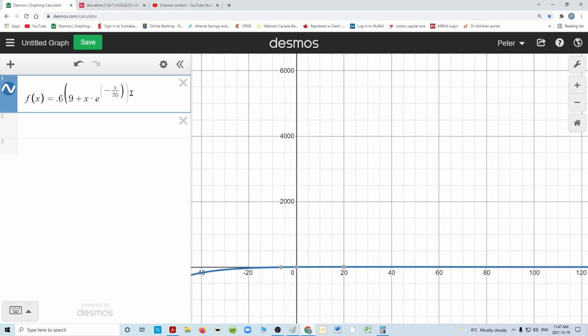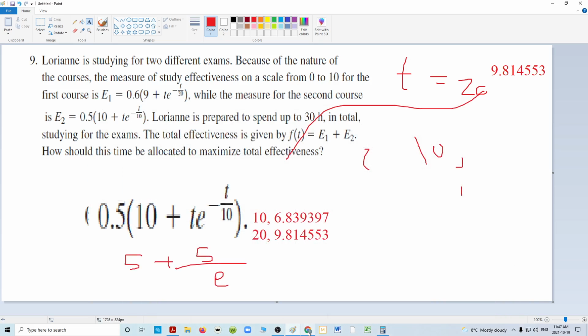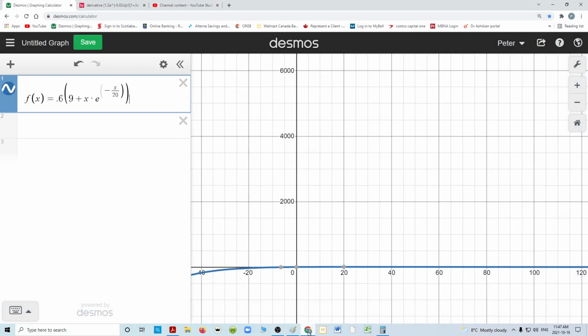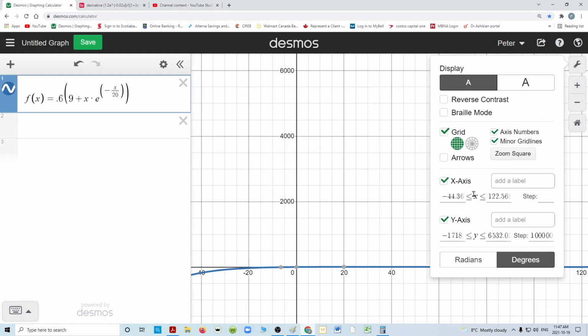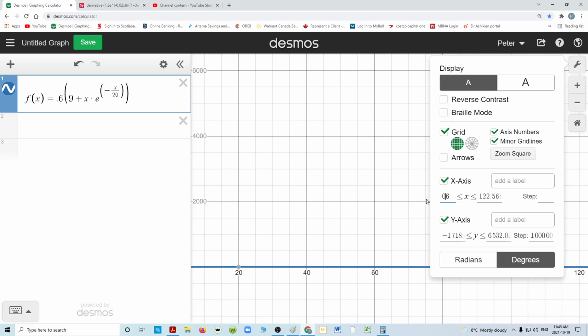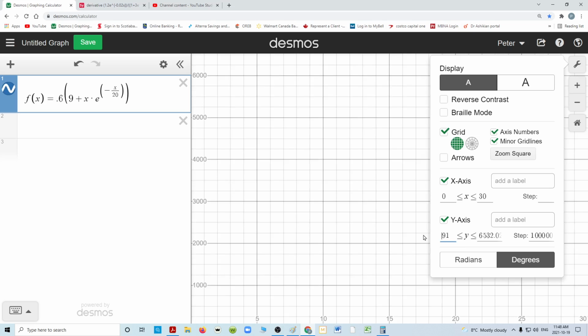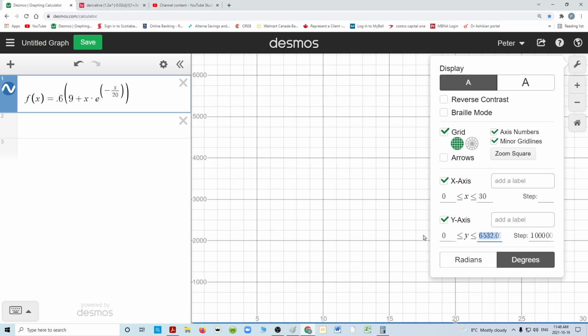Let me make sure I got the multipliers right: 0.6 times 9 plus x times e to the negative x over 20. Yep. Let me just squeeze the x-axis to 30, and we're going to squeeze the y-axis to 0 to 10.